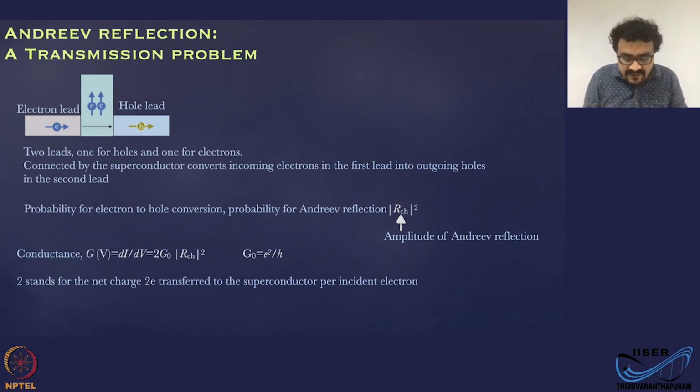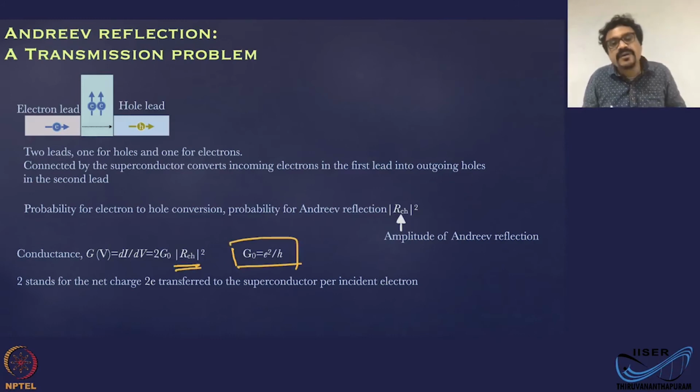And we know from the conductance formalism, the conductance across the interface is G0, that is the quantum limit of conduction, times the probability for reflection. Because if the anti-reflection happens, then 2E goes into the superconductor. Though we call it a reflection, it's actually a transmission probability, because anti-reflection is a reflection of the hole, but it actually transmits one more electron into the superconductor side.